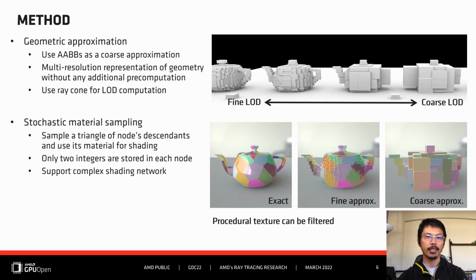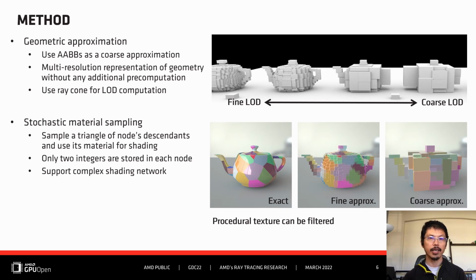As I said, an obvious way would be storing filtered values, which only works for a simple material. And if there is a complex material which has a material graph or procedural texture, it is not easy to filter material. One example is shown here, where you can see a procedural Voronoi texture on the teapot.